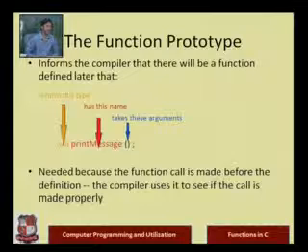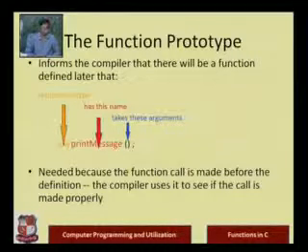Now what exactly is the return type? After performing certain operations, a function may return a value. Now a value must have a data type, so that data type must match the return type of the function.